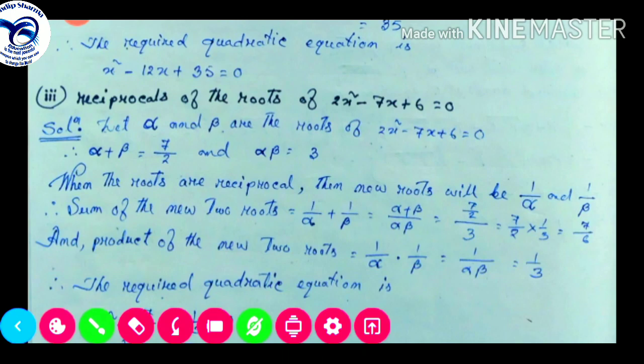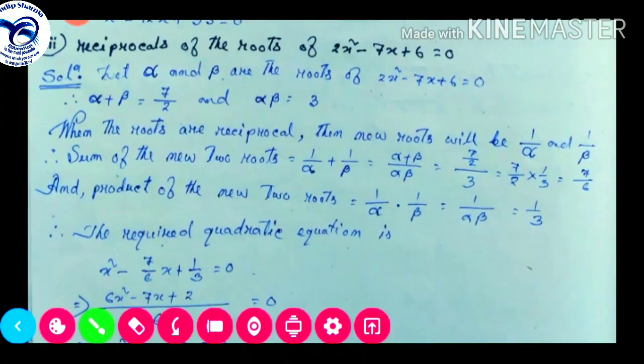Now it is reciprocal. When the roots are reciprocal, the new roots will be 1 by alpha and 1 by beta. Now we need to find the sum of these two roots. So it will be 1 by alpha plus 1 by beta. Now we take the LCM, so alpha plus beta over alpha beta. The alpha plus beta value we know, we got 7 by 2, and the alpha beta value we got is 3.